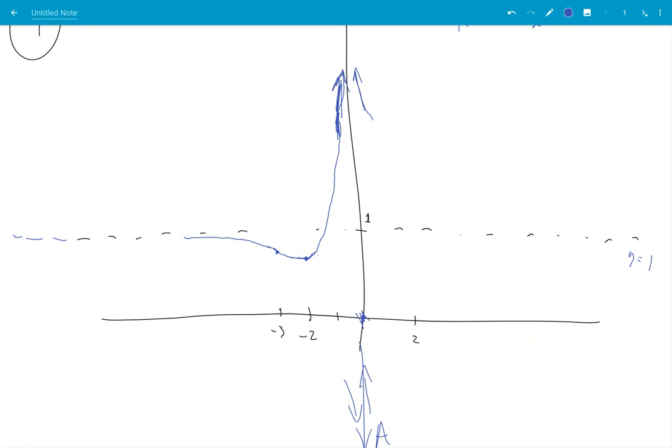Now, I have this horizontal asymptote over here I have to respect. So my function's either doing this or it's doing this. It's approaching y equals 1. Well, okay, the most natural thing is just to go like this. Yeah.